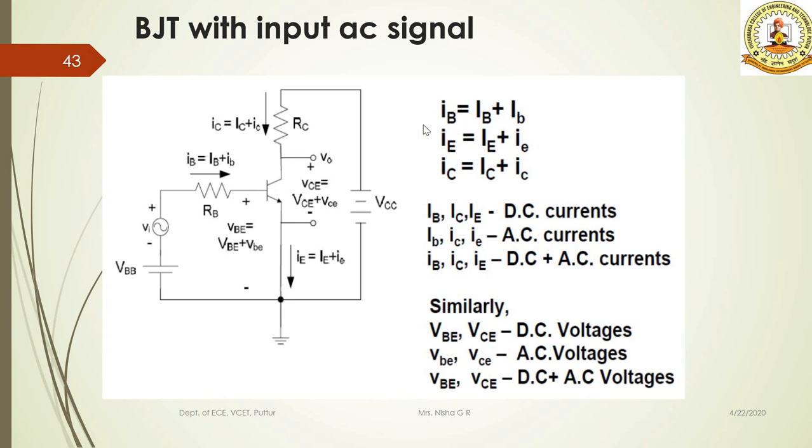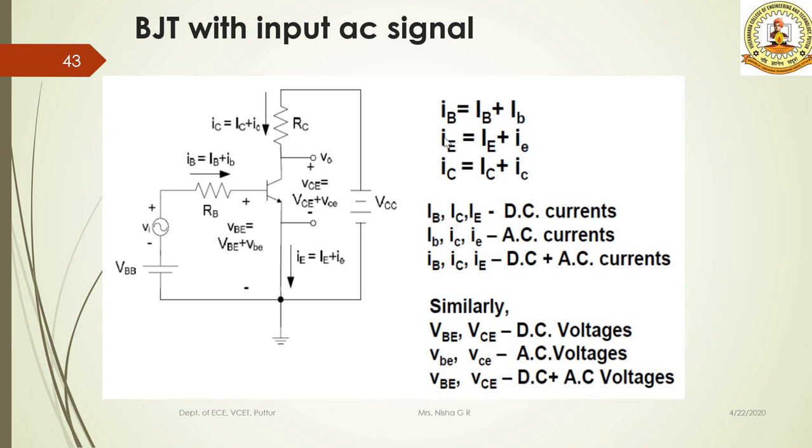Here it has been given the instantaneous base current iB, which is nothing but capital letter IB plus small letter ib. The small letter ib represents the AC component, that is because of this VI, and capital letter IB flows because of the DC voltage VBB.